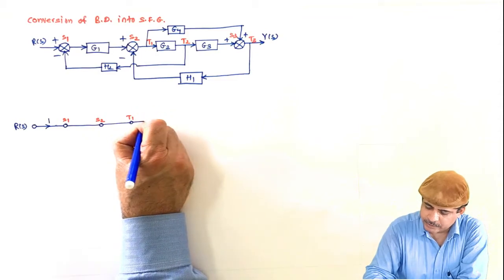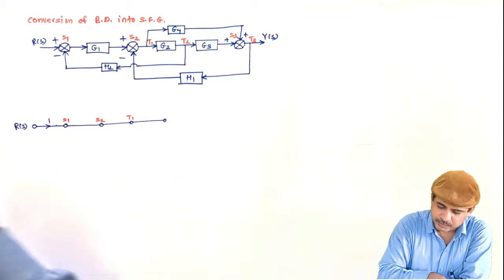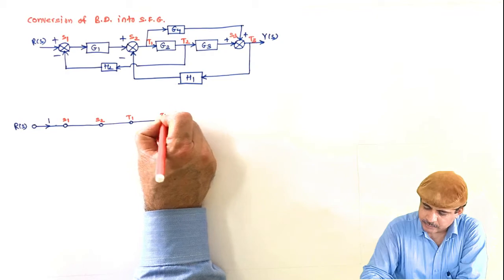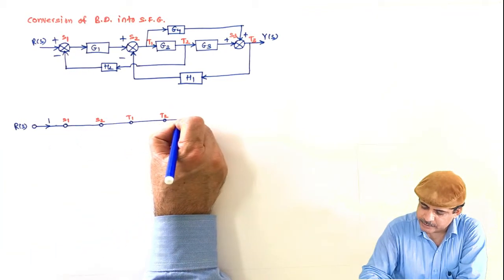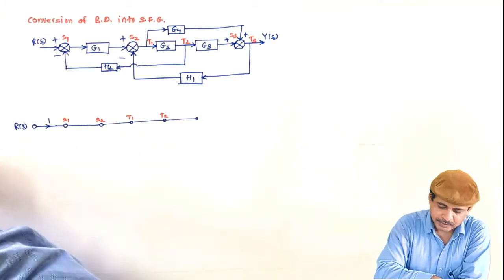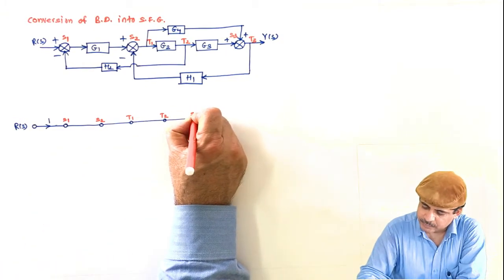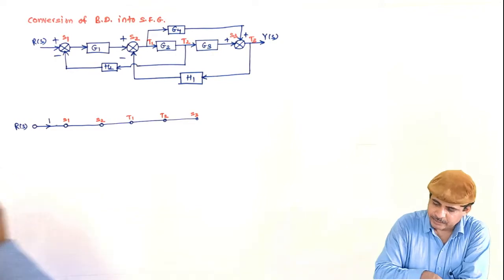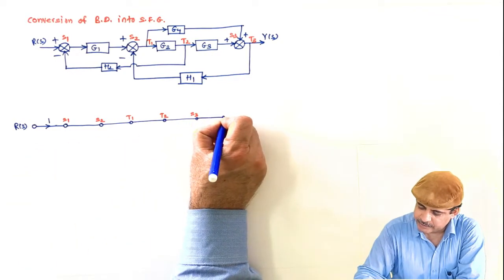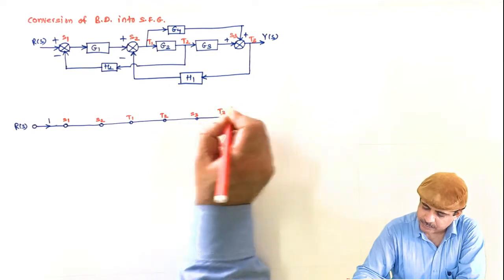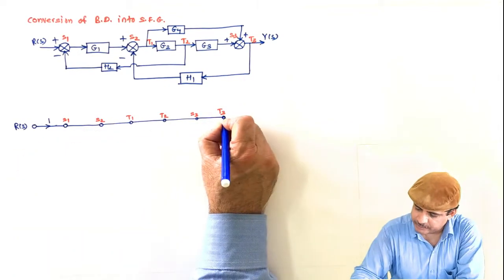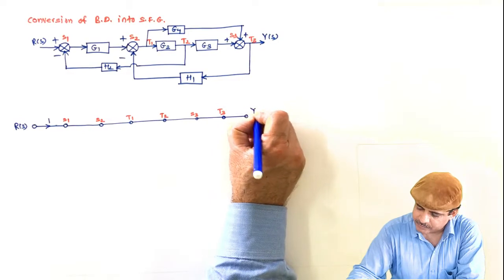After T1 there is T2. After T2 there is S3, and after S3 there is T3. After T3 there is output Y of S.